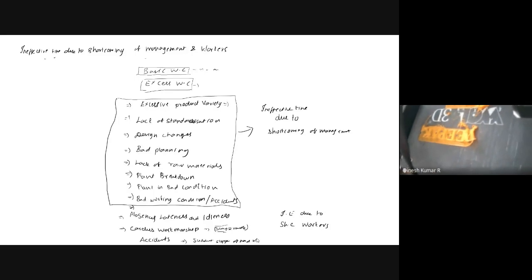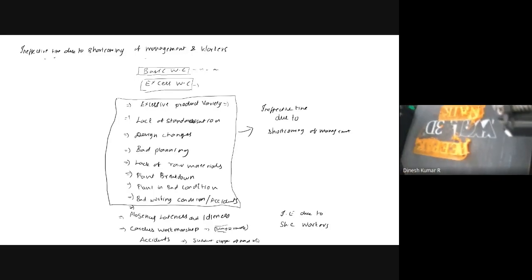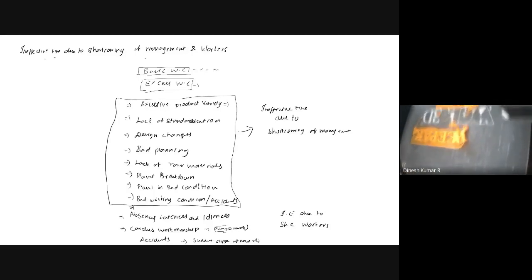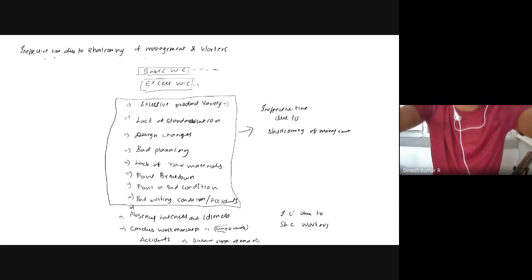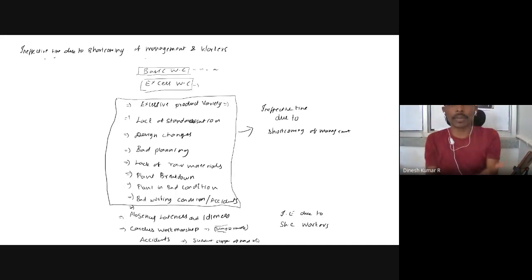At the end, some malfunction happened and everything collapsed. In the same way, when you are not present at your workstation, you are being absent, the machine may get damaged and some other accident may happen. So these are the shortcomings when it is ineffective time due to shortcoming of workers.